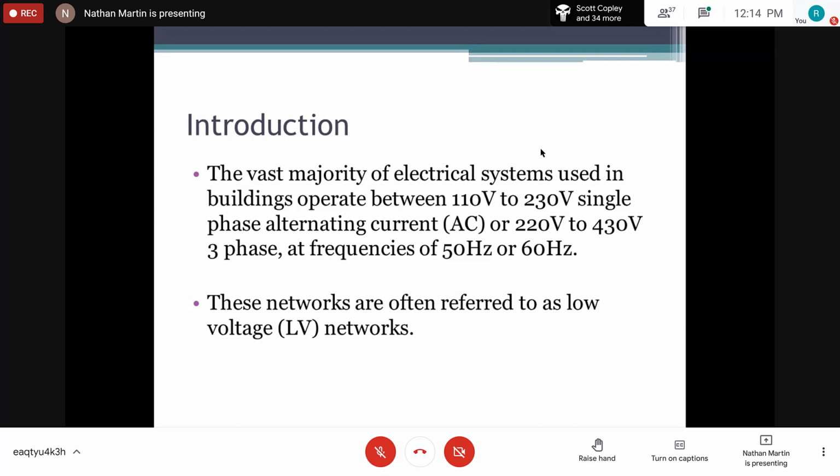Also, these utilization networks, most of the time, are classified as low voltage, although we have heavy-duty industry that uses medium voltage. But the majority use low voltage applications.